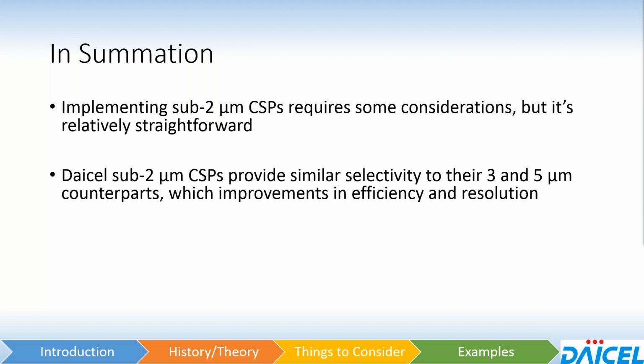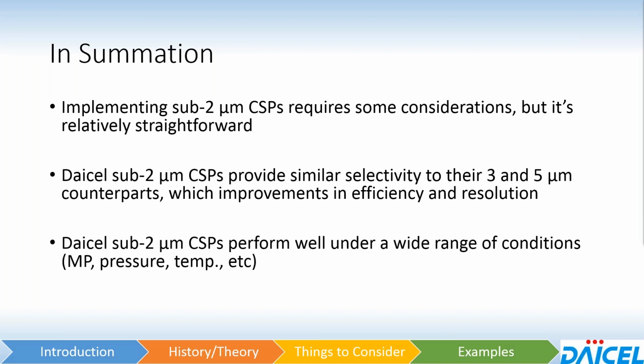There's similar selectivity and resolution, actually improved resolution compared to their 3 and 5 micron counterparts, as well as the improvement in analysis time and solvent savings. And the sub 2 micron stationary phases work well under a wide range of conditions. So it showed you normal phase, reverse phase, different pressures, different temperatures, very robust. They hold up very well to a wide range of conditions.